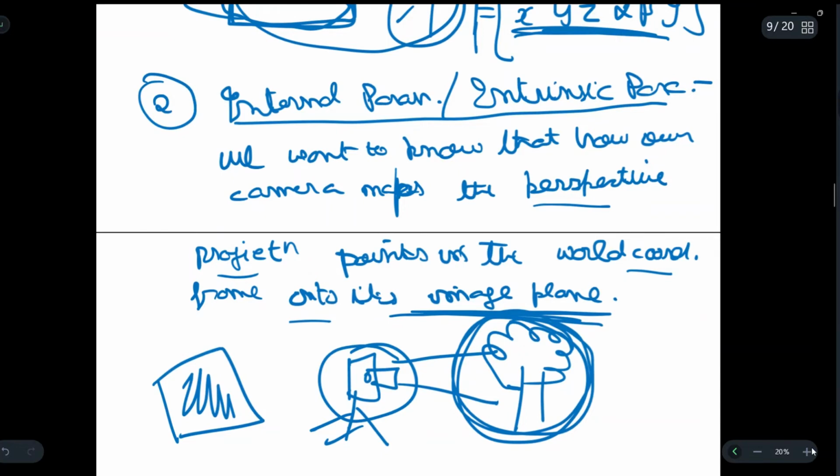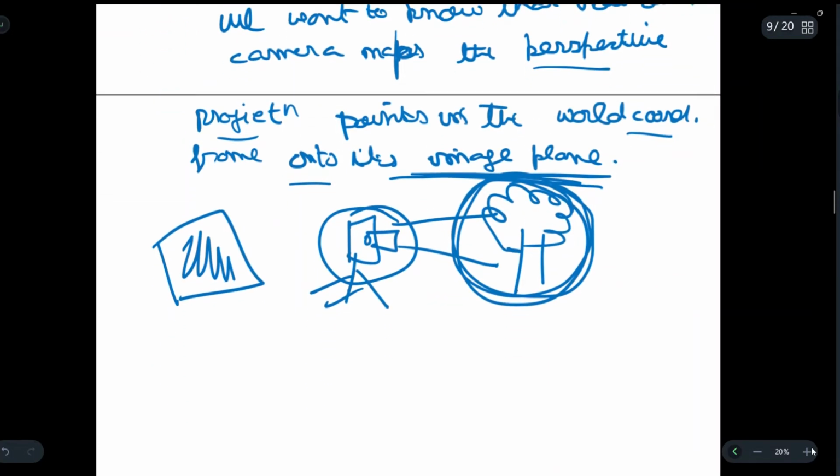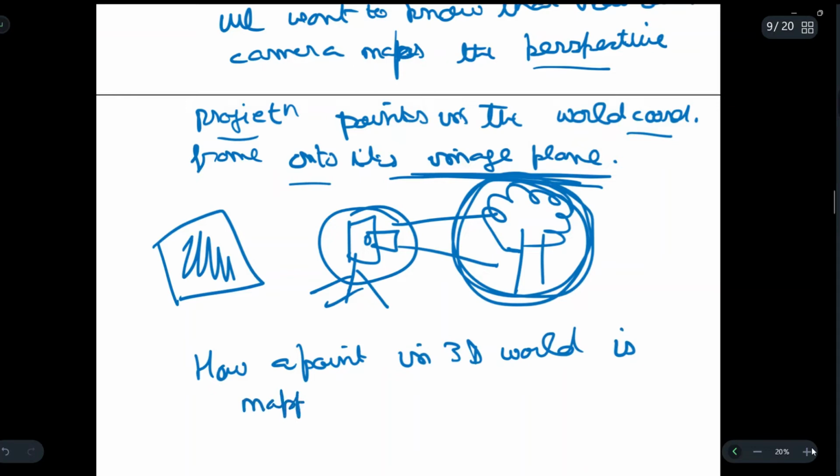We can also say that it describes how a point in the 3D world is mapped into a 2D image, and it is described by 4 to 5 parameters.